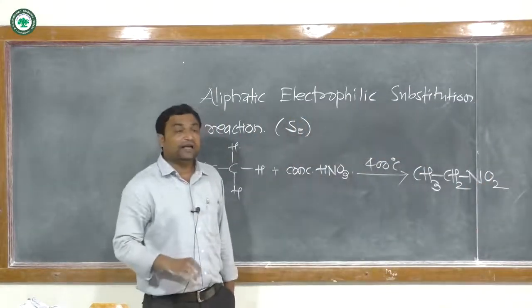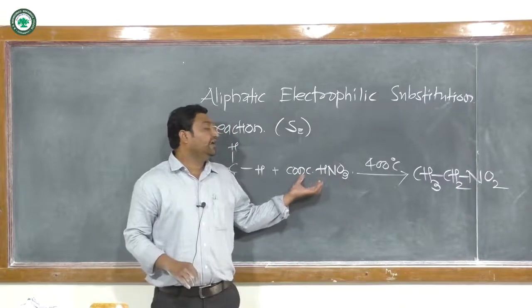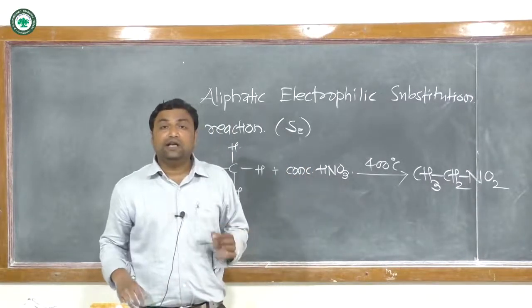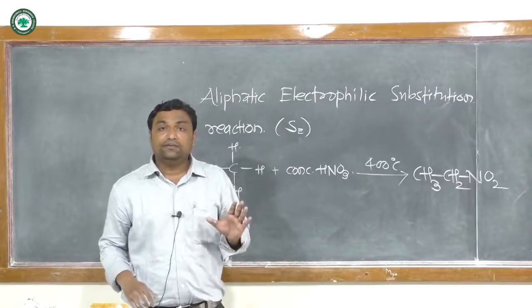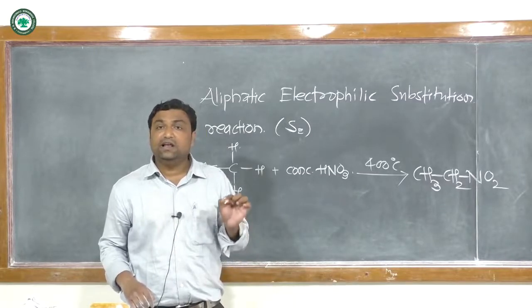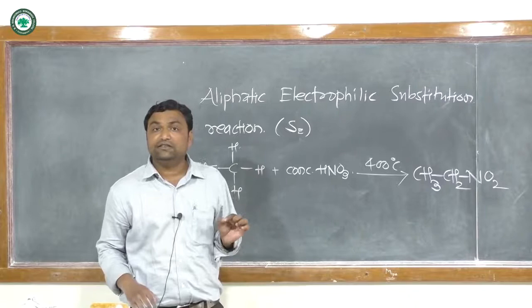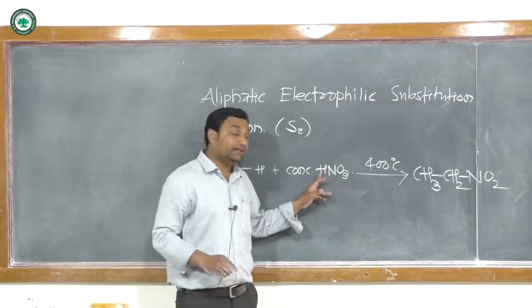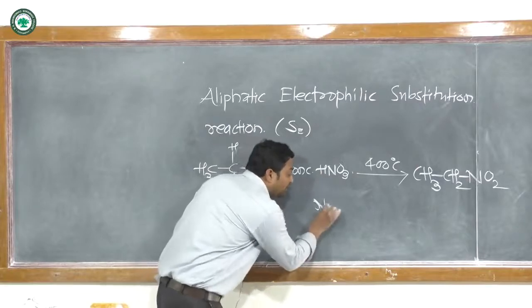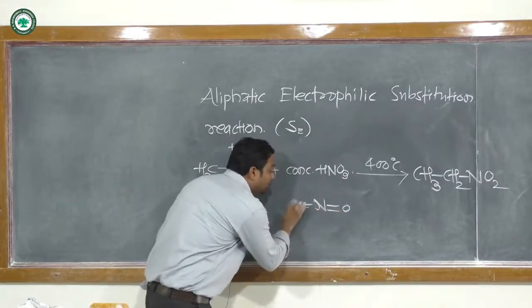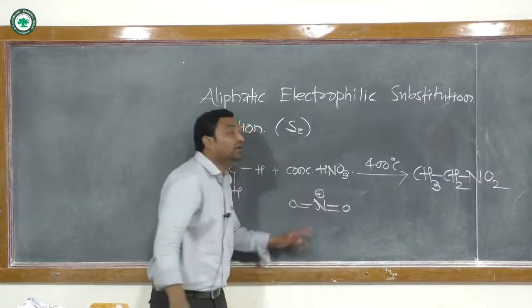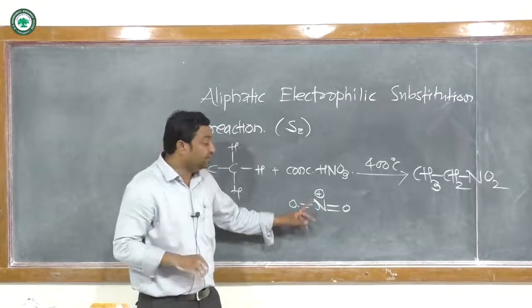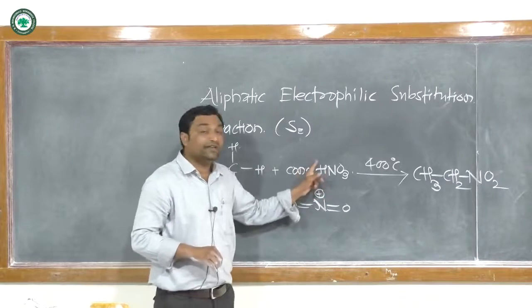We have seen that this concentrated HNO3 produces a nitronium ion, which is used as the electrophilic part of the reagent, that is, the electrophilic part of this HNO3. This is the nitronium ion.